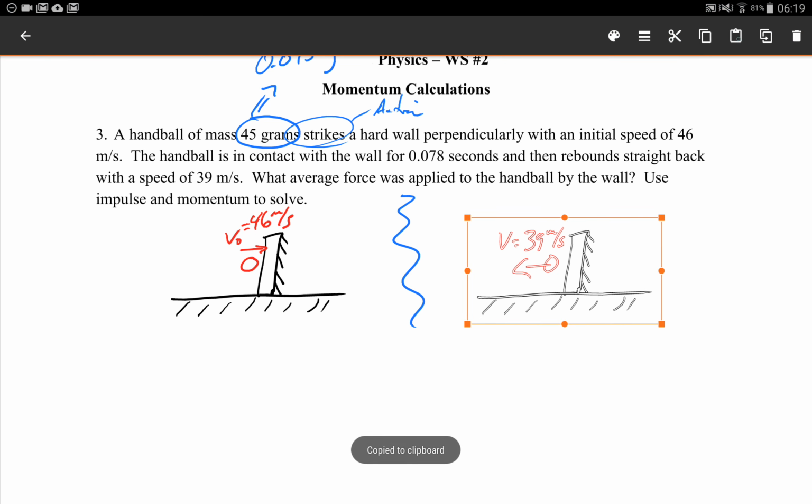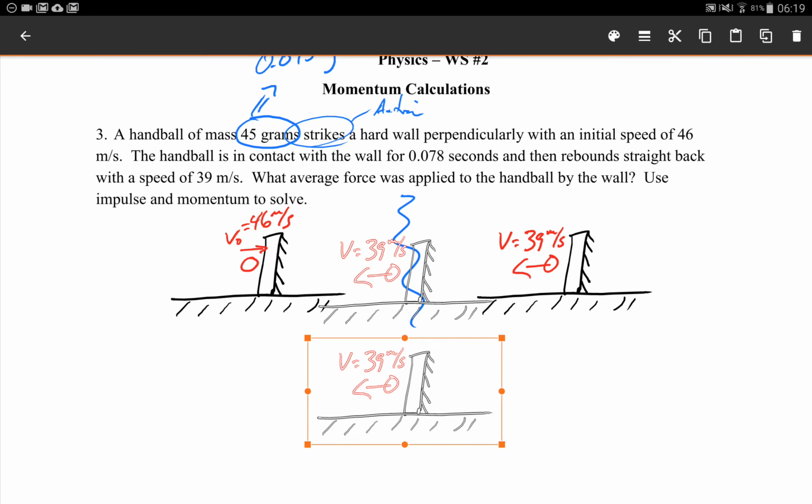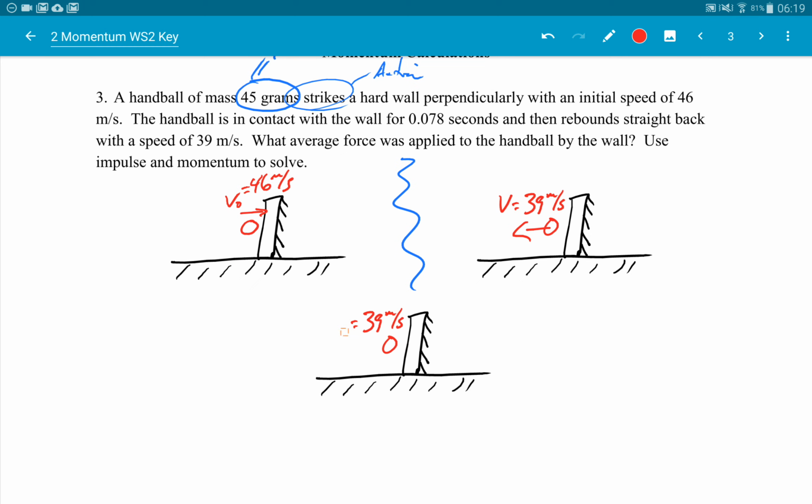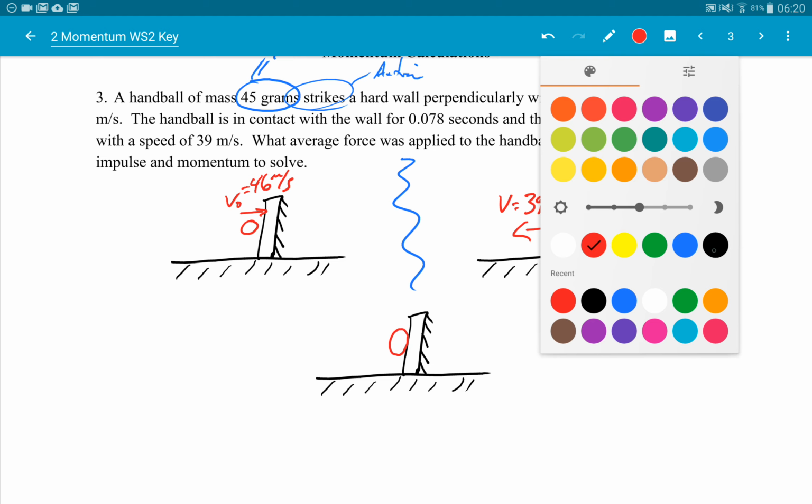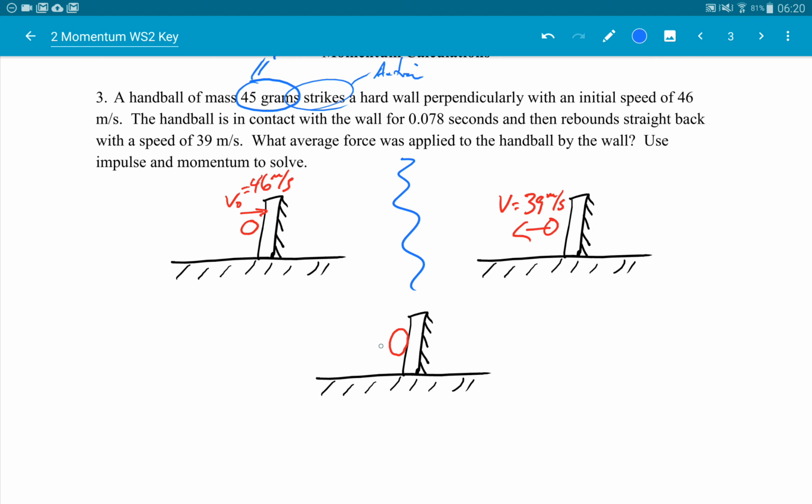And I could draw while it's actually hitting here, just so we can have a nice little discussion. The ball is going to be a little bit deformed here, so let's see if I can just draw an oval instead. Yep. And then things are going to get forces here.